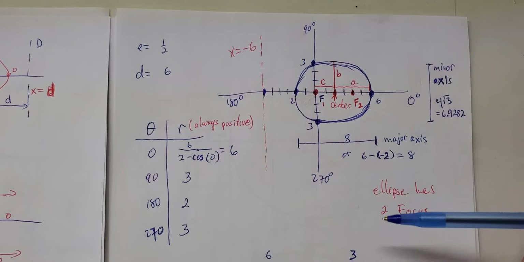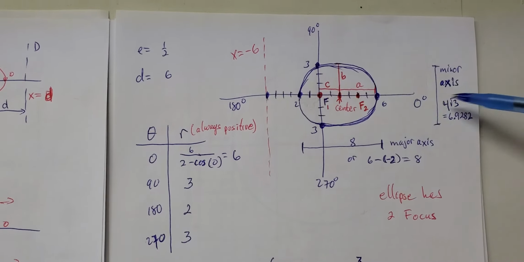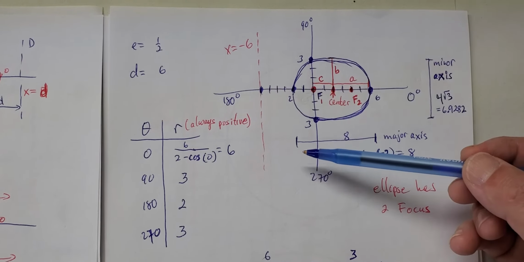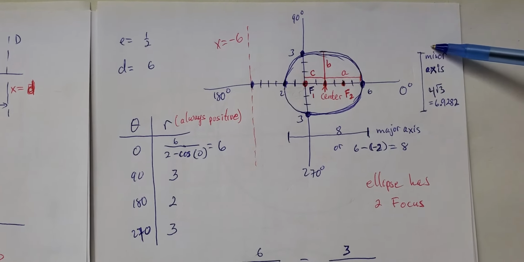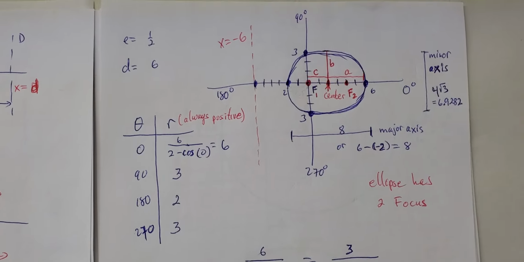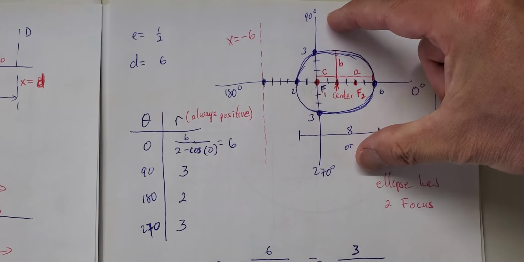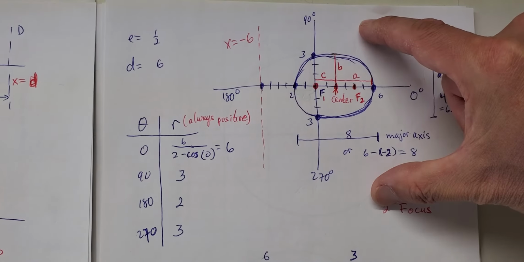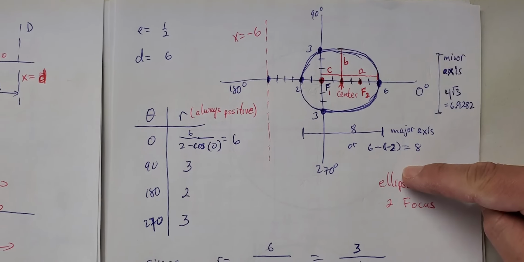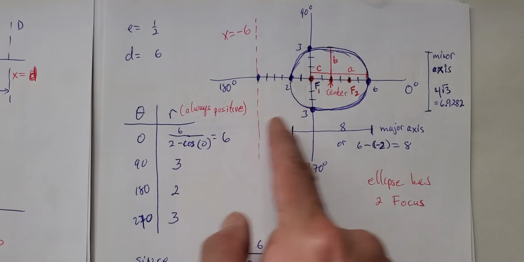Because this is horizontal, your major axis is from left to right, and your minor axis is from top to bottom. Now, if this was vertical, then your major axis will be top to bottom, and your minor will be left to right.